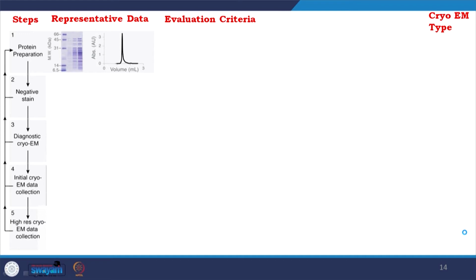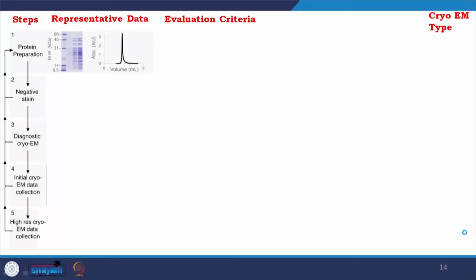You see the SDS gel, the sodium dodecyl sulfate polyacrylamide gels, they help getting the molecular weight of the complex, and then we do different spectrophotometric studies to determine the presence of protein and the protein's concentration.